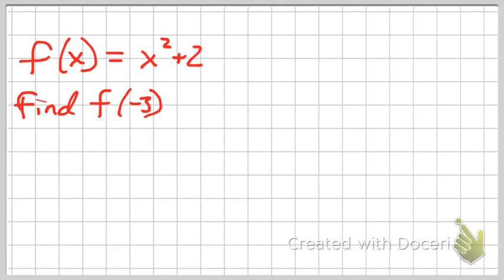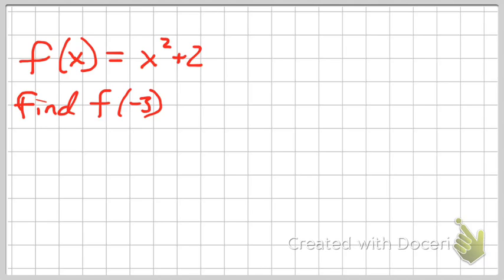Does anybody know what we should do to find f of negative 3? Spencer? You plug in negative 3 for x into the function and you figure out the answer. So in the function, wherever you see an x, and there might be 3 or 4 of them, or 2, in this case there's only 1, you plug in negative 3, and then you figure out what the answer is.